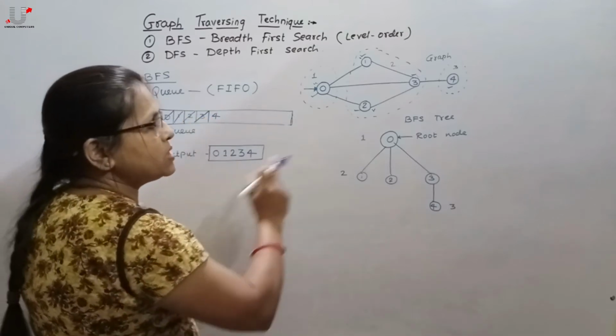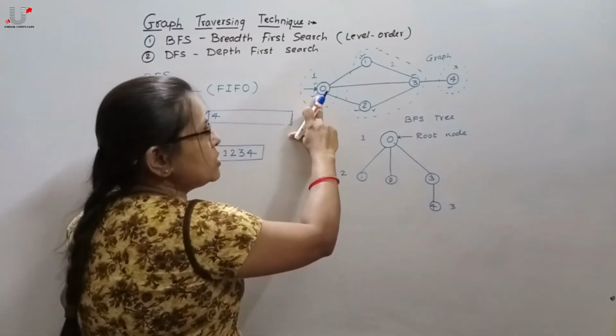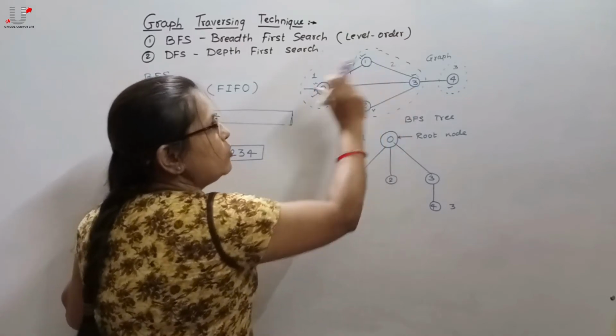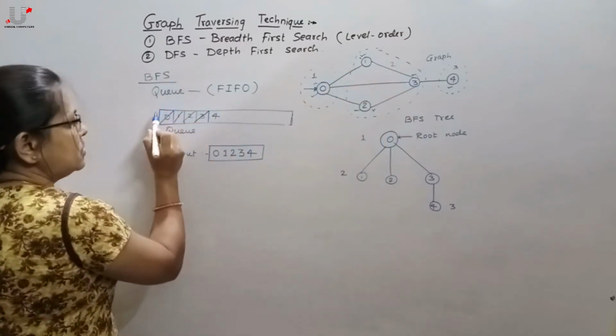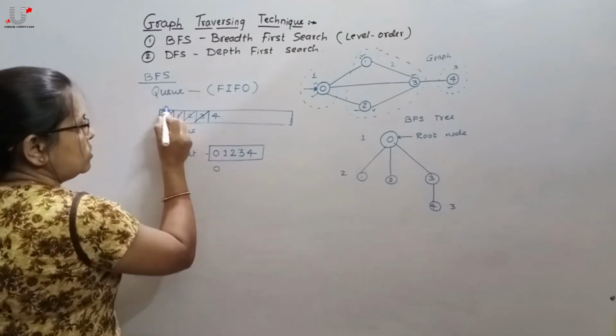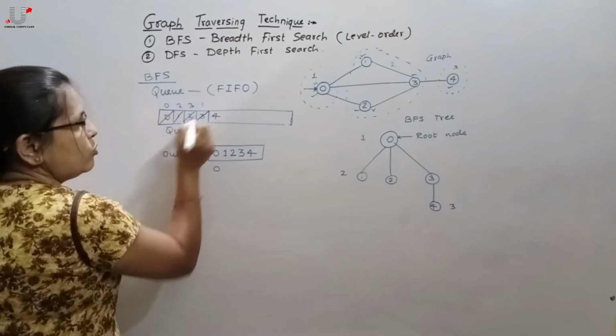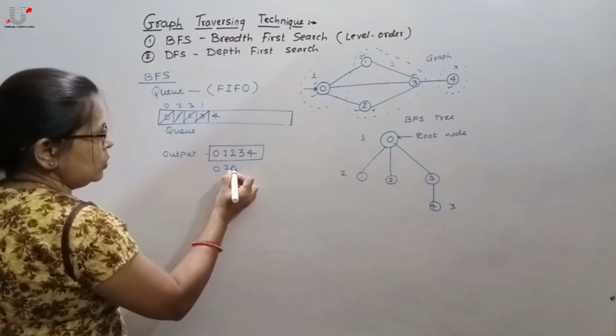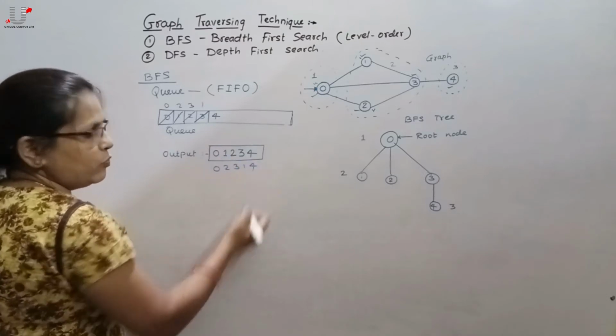Next time, if we explore the adjacent nodes of 0 as 2, 3 and 1, then we get 0, 2, 3, 1 and then 4.